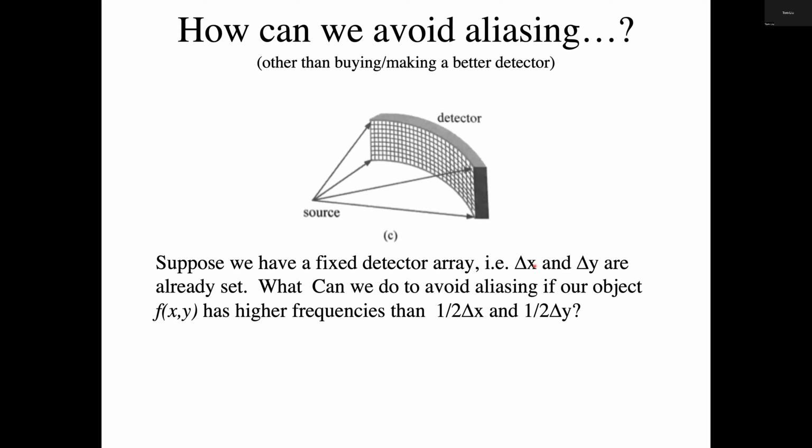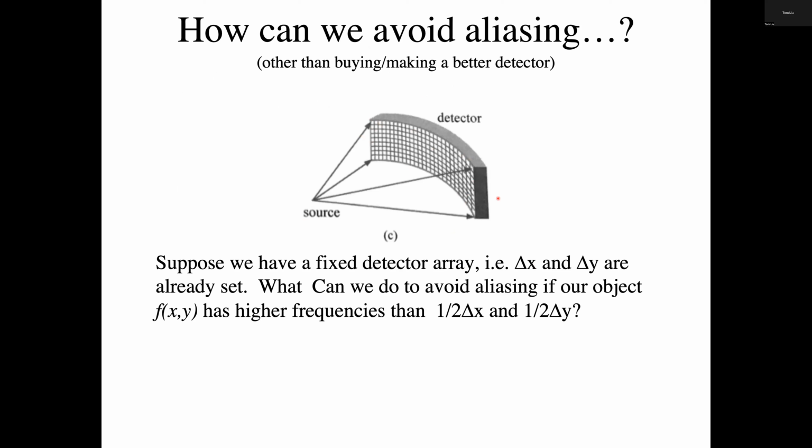So let's suppose, and we just discussed this also, here's our detector, right? We put it up behind the patient and we shine X-rays through the patient. And now we have high spatial frequencies. But the detector, or the digitization, has the ability only to sample at a certain rate, right?